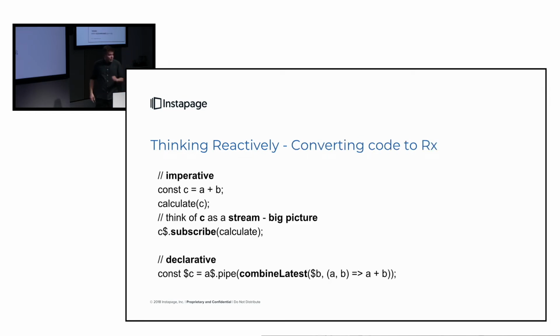And going next, I will talk a bit about converting already existing code from the imperative or normal way to the Rx way. As you can see, we have a simple operation: C equals A plus B, and then we do some calculation. As we should start thinking backwards, we'll think how to make C the observable.